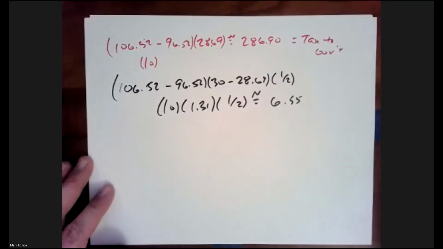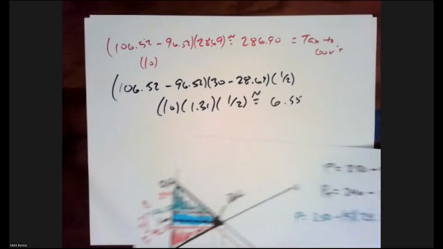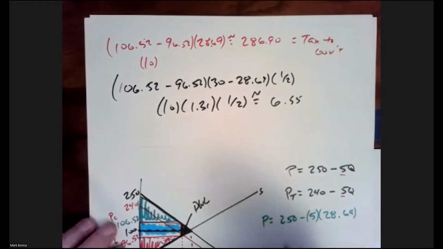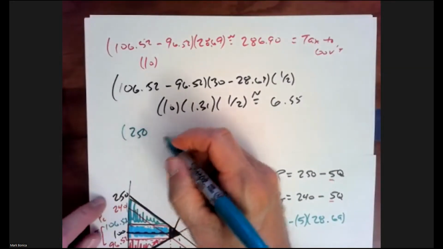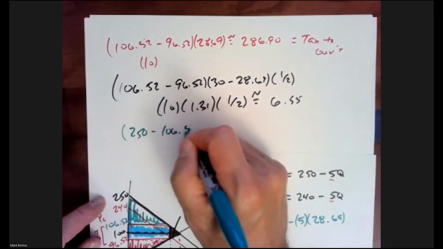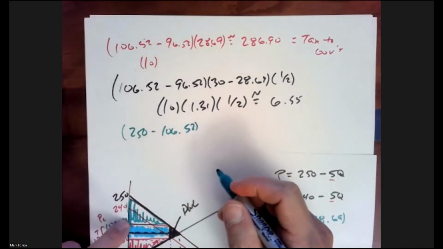Okay, so the consumer surplus after taxes, right, is 250, the height of the triangle, minus 106.52, right? So it's down from here to here.